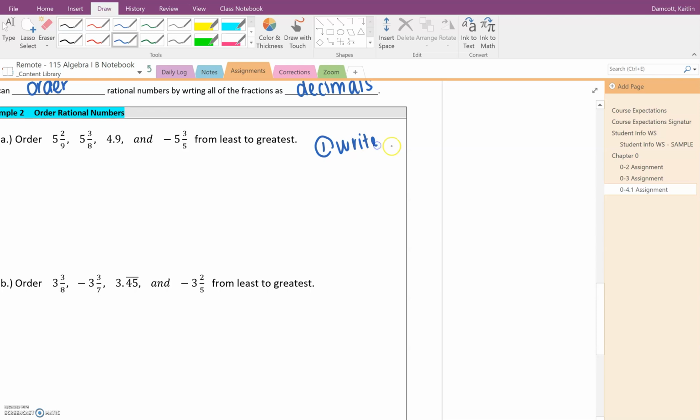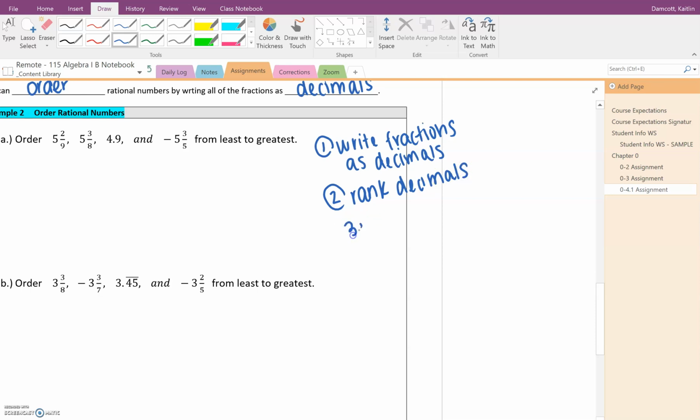Write fractions as decimals. So that's the first thing. The next thing we do after we write them as decimals, we're going to rank the decimals. Rank decimals.